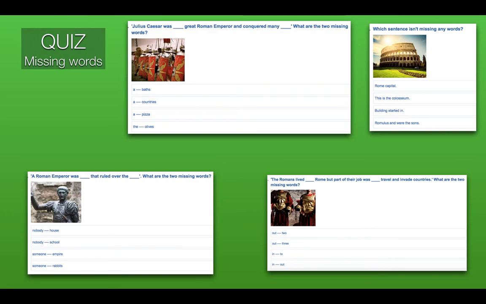So it's number 3, because if we chose number 4, out doesn't fit in that sentence properly. So number 3, in, and 2. And last of all, the sentence that does not have any missing words is number 2. This is the Colosseum.